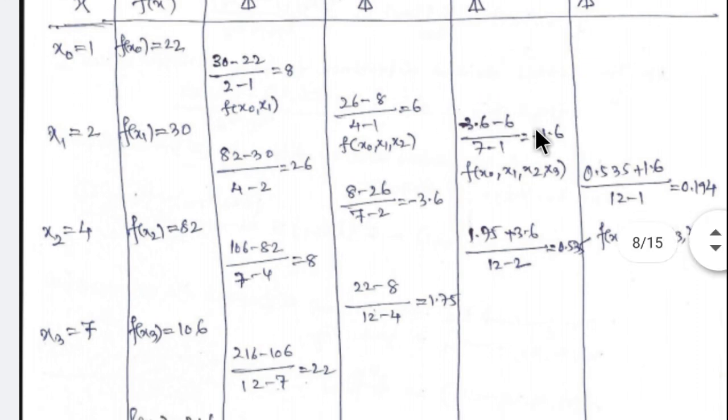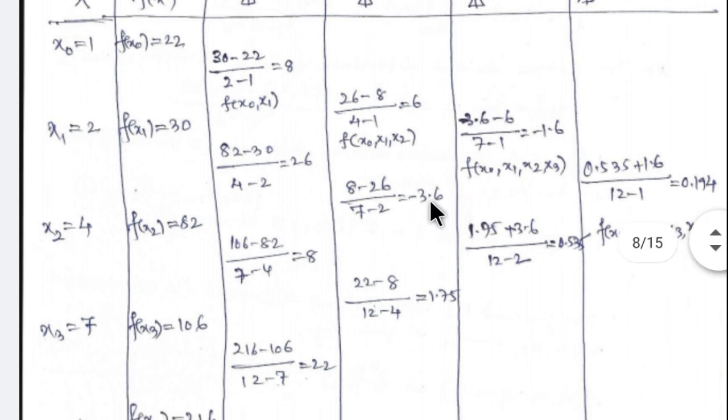Third order is 3.6 minus 6 divided by x3 minus x naught, 7 minus 1. This is f of x naught, x1, x2, x3; for understanding purposes I have written x3 minus x naught.